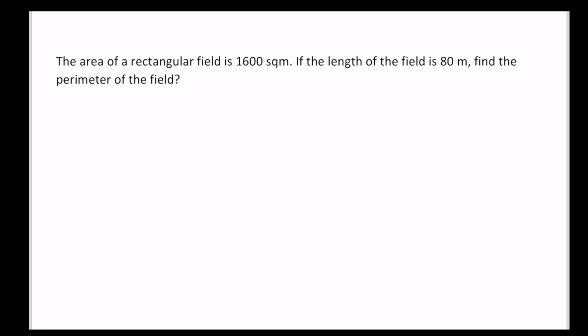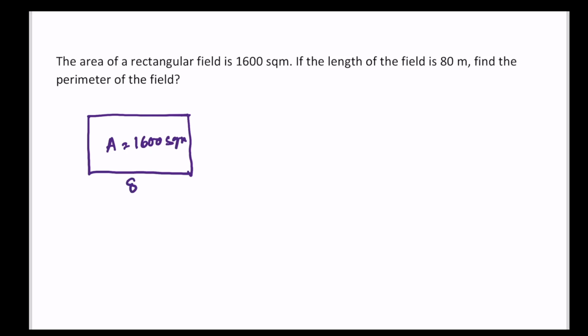The area of the rectangular field is 1600 square meters. The length of the field is 80 meters. Find the perimeter. First, draw the rectangular field. This is our rectangular field. The area is 1600 square meters.